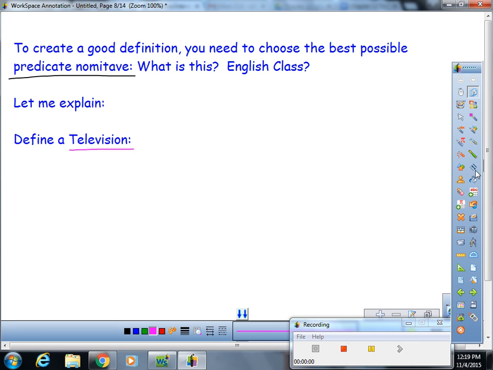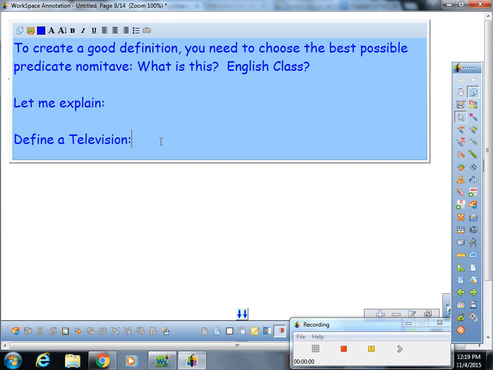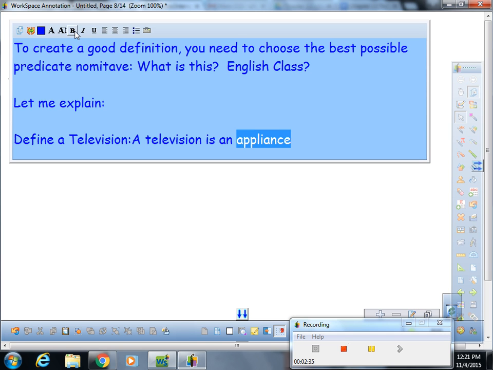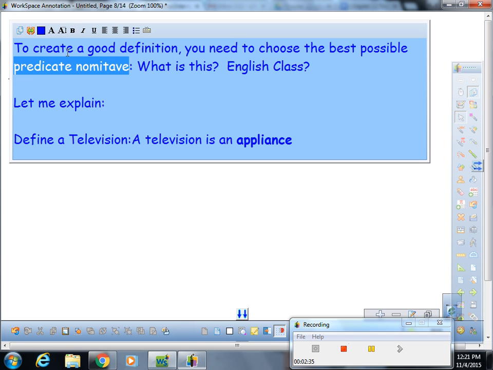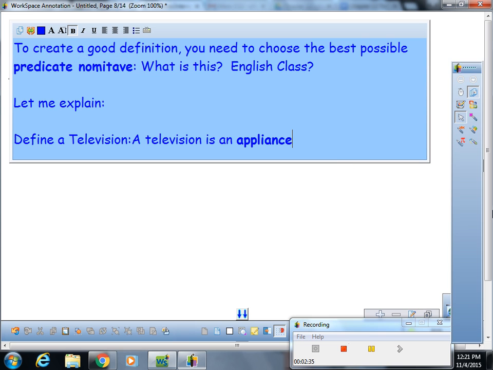So, what could be a better predicate nominative to choose? How about an appliance? A television is an appliance. In this case, appliance is our predicate nominative. Appliance tells my audience a lot.